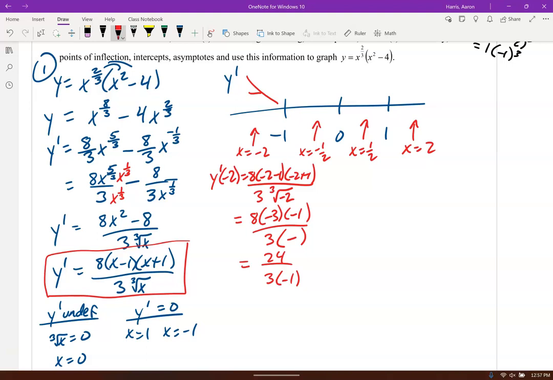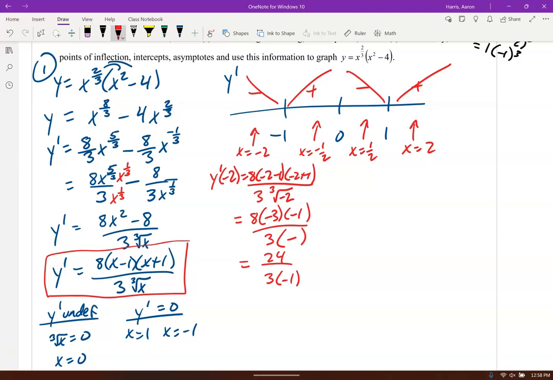Then I would go ahead and plug in -1/2, and that'll end up being positive, so it'll be increasing. Again, I'm putting it into the first derivative. Now I'm going to plug in +1/2, and it'll be negative, so decreasing. And then I'm going to put in +2, and it'll be positive, so the original function is increasing.